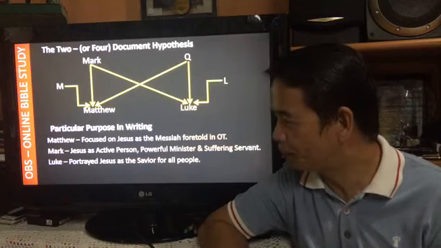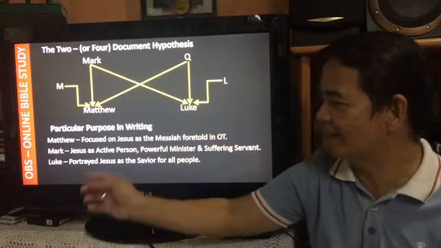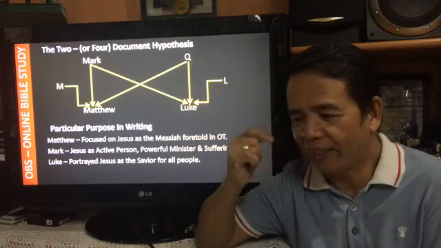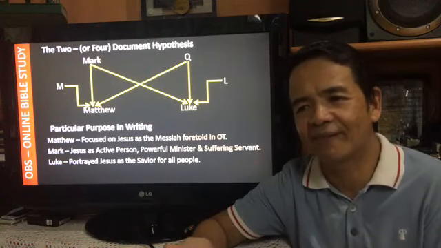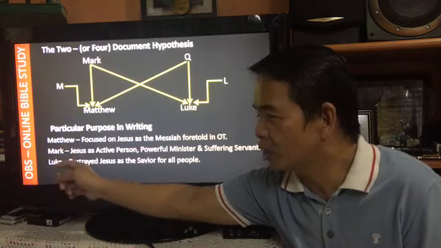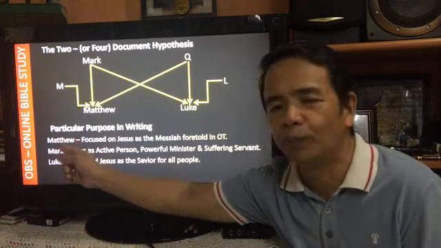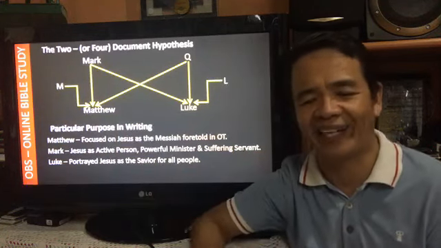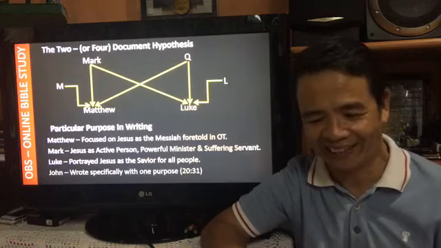Luke, on the other hand, portrayed Jesus as the Savior for all people. When you read the genealogy of Jesus, while Matthew traces Jesus back to Abraham, Luke traces further than that. We will get there when we get there.